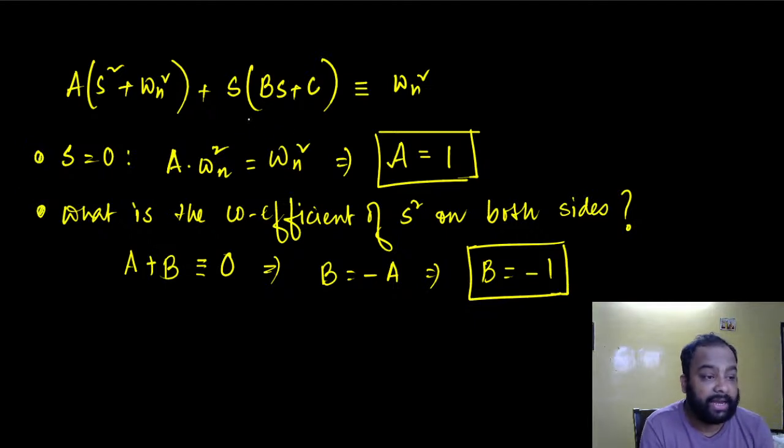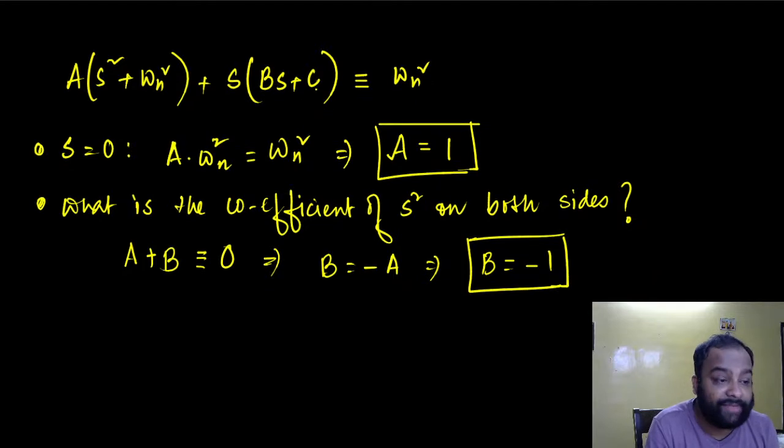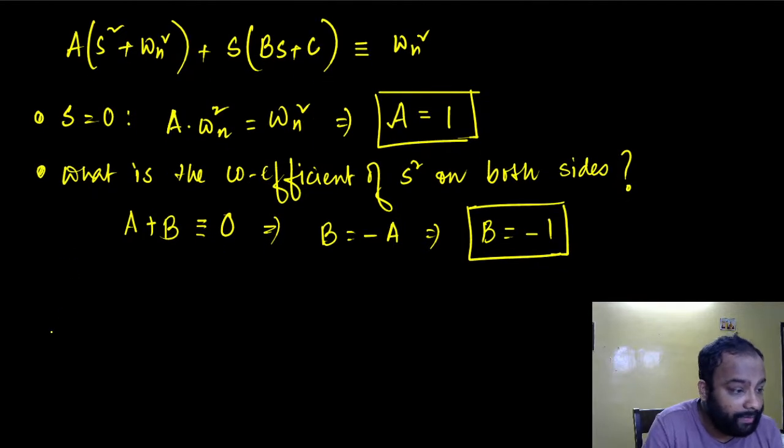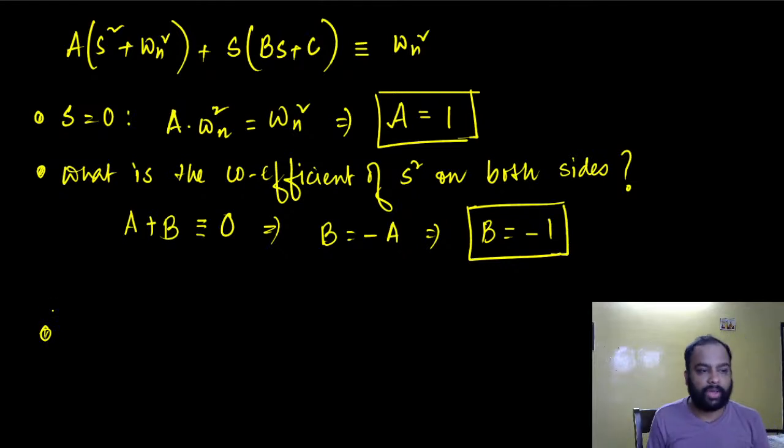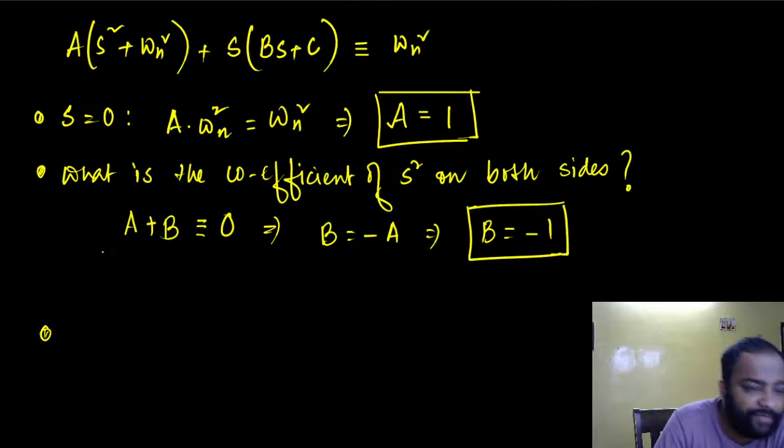Now we are still left to figure out the value of C, right? All right. So how do I figure out the value of C? Okay. Let's look at the coefficient of s on both sides.